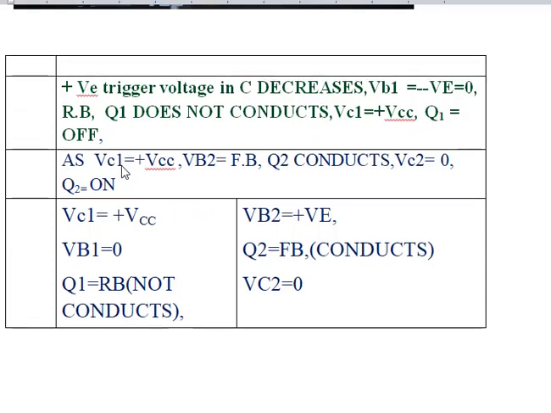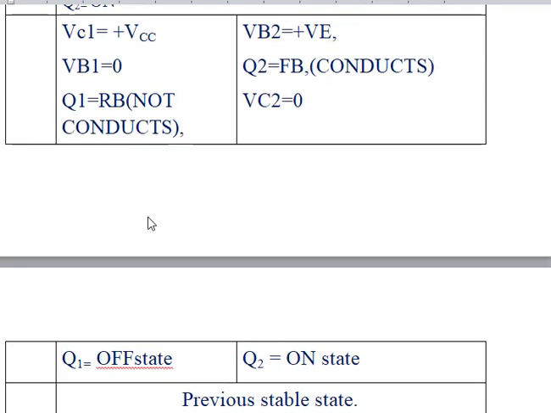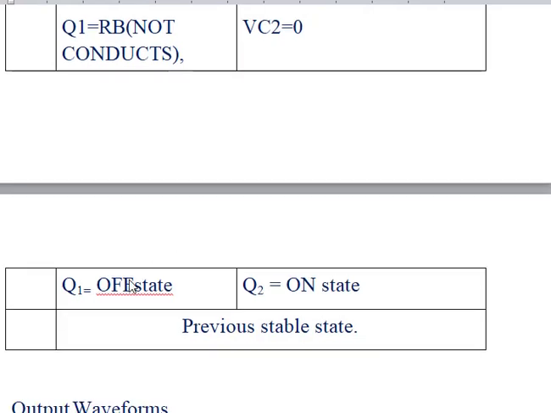When VC1 is plus VCC, automatically VB2 is in forward bias, so Q2 conducts, VC2 becomes 0, so transistor Q2 is in on condition. So when VC1 is equal to plus VCC, Vbase1 is equal to 0, Q1 is reverse bias, it does not conduct, so it shifted to off state.